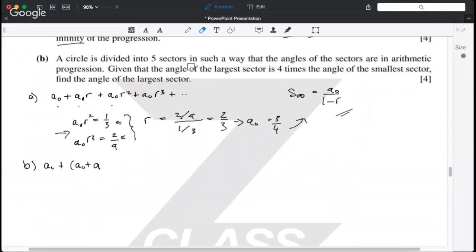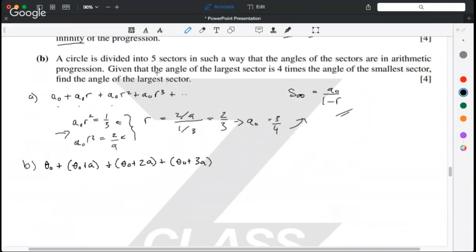In fact, let's not call it a because they're both called a. Let me be a little bit suggestive and say we start with our initial term theta naught, and then the next term is theta naught plus a, and the next term is theta naught plus 2a, and so on.